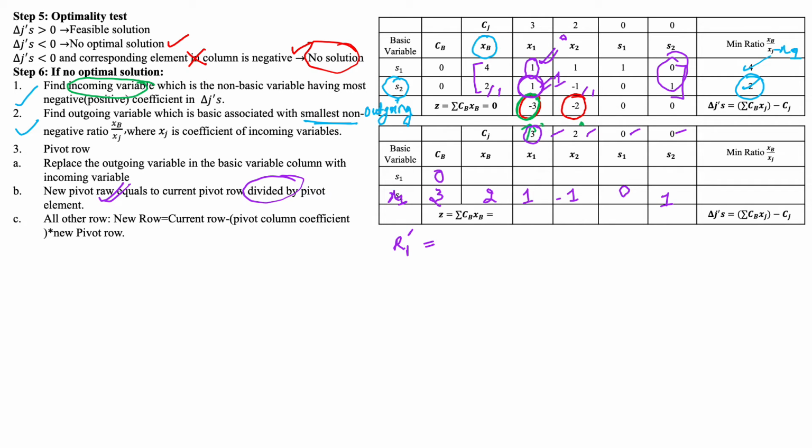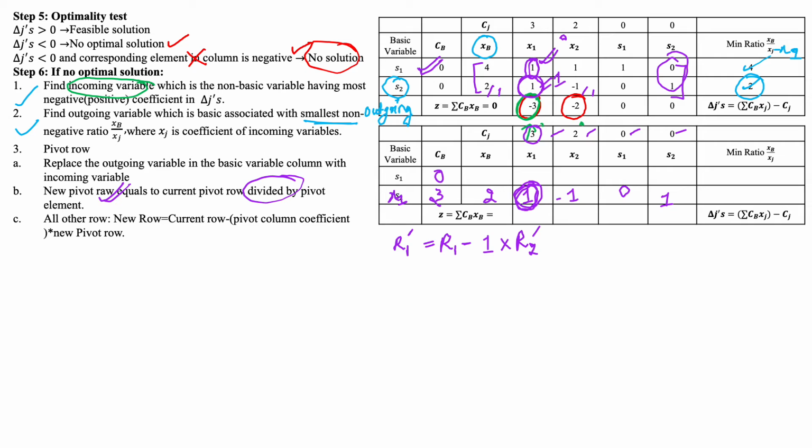The formula is: new row equals current row minus pivot column coefficient times the new pivot row. Here the pivot column coefficient is 1, and R2 is my new pivot row, this whole row.